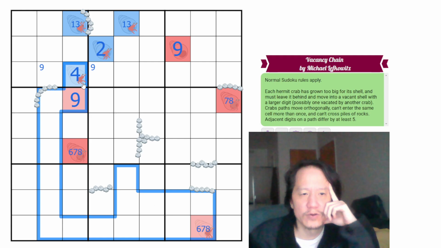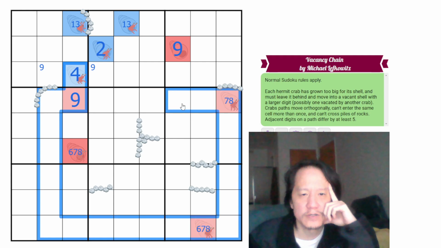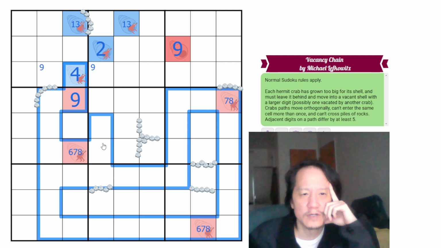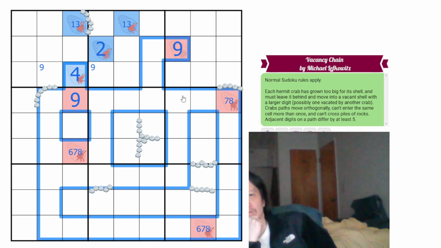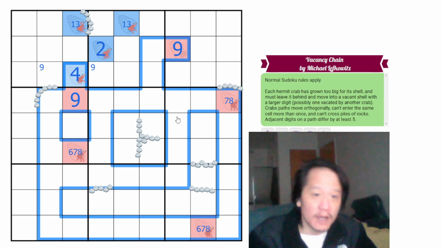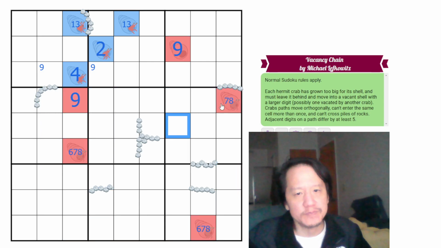Or it doesn't even have to go that way, right? It could go around here to here to here and so on, right? So that's possible. Unlikely, but it's possible. So this one is ruled out though.